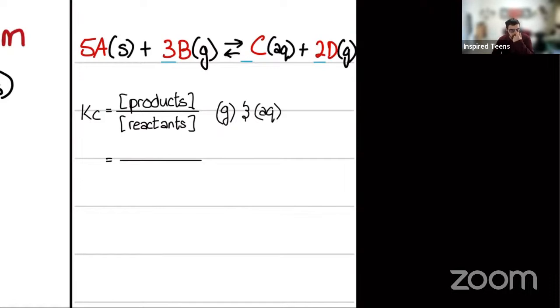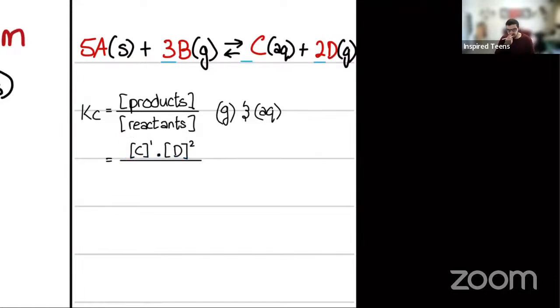So now we're going to use the concentration of the products. It's going to be the concentration of C, of course at equilibrium, to the power of 1. Now we don't just have one product, we have two, so we multiply, always multiplication, by the concentration of D to the power of its molar ratio, which is 2.